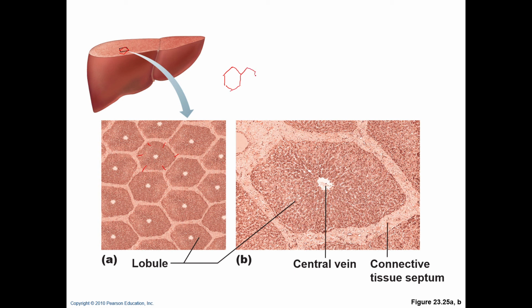Many hexagonal structures, these are called the lobules. So inside the liver you have many lobules, and in the center of each lobule you have the central vein.